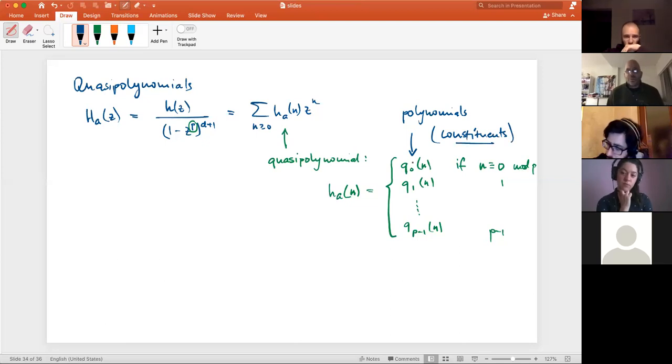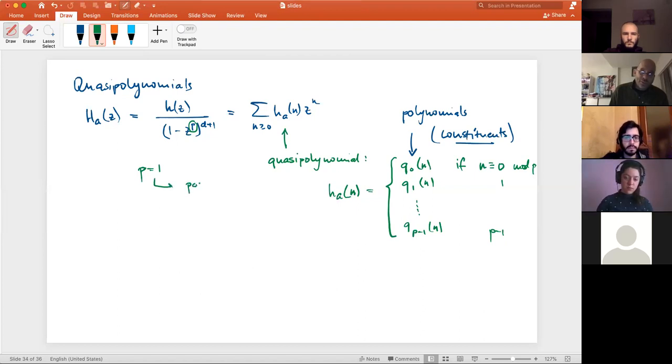In other words, a quasi-polynomial is like a list of polynomials. I really think of this quasi-polynomial as defined for n an integer, and it's a list of polynomials that you cycle through as n goes through the integers. If p is 1, then a quasi-polynomial is just a polynomial.